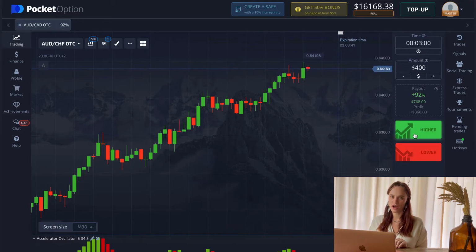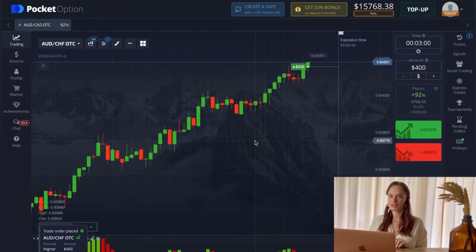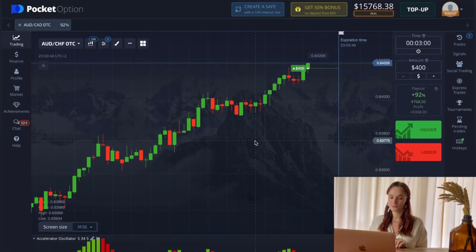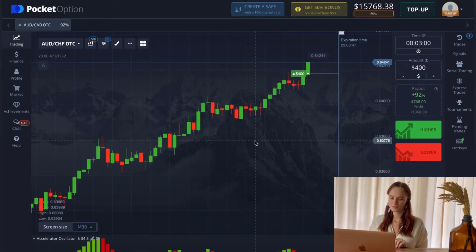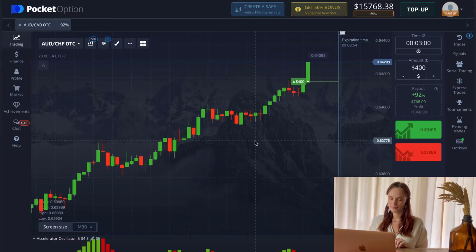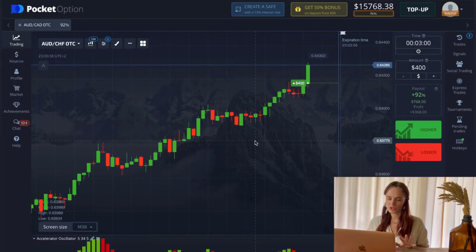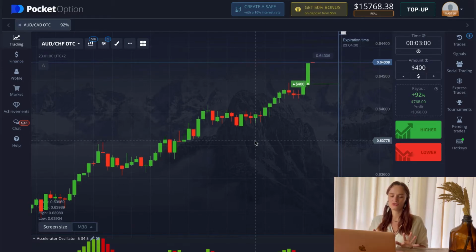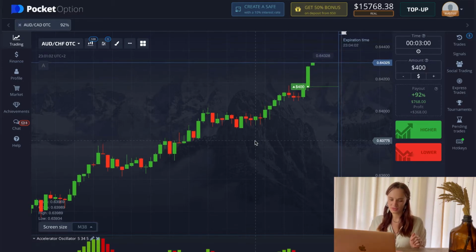Immediately we make a deal for a higher price. The price continues its rise. We also observe a confident growth of the price. Our chart is quite confidently going upwards.